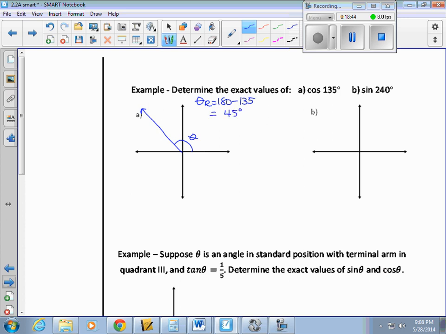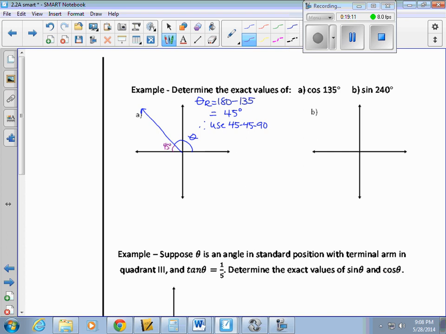So that's 45 degrees. So since it's 45 degrees, then I know that I'm going to be using my 45, 45, 90 triangle.